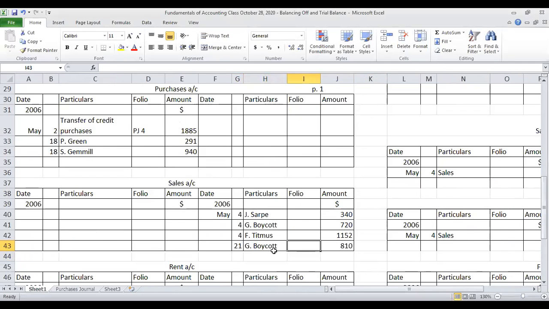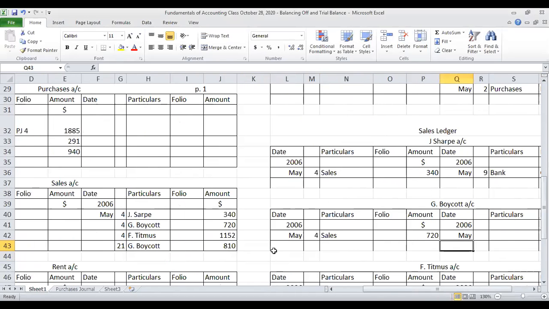So credit sales, and then going to debit G Boycott under the sales ledger. Date is May 21. You put sales right there. The amount is 810. So credit sales and debit G Boycott.